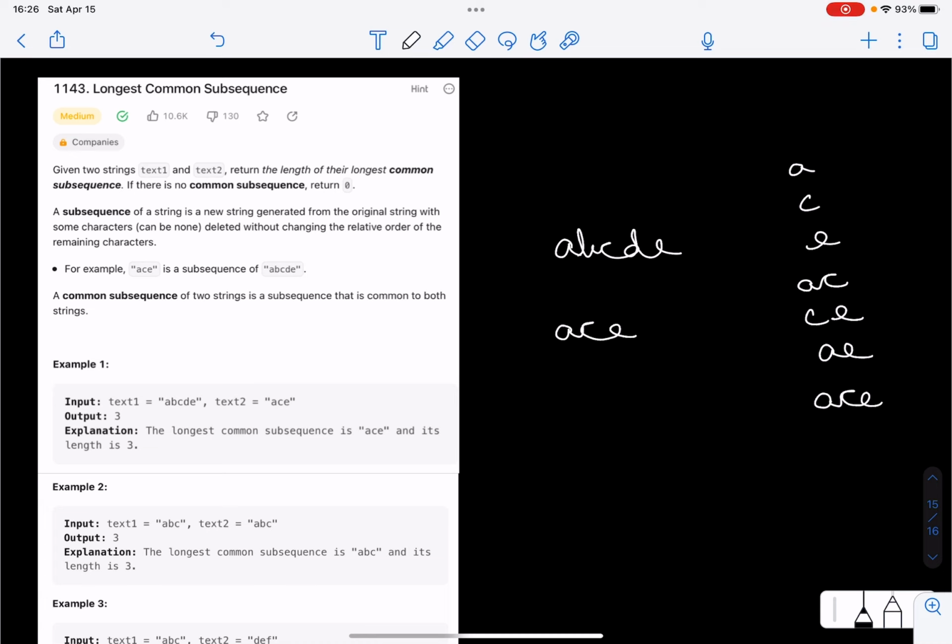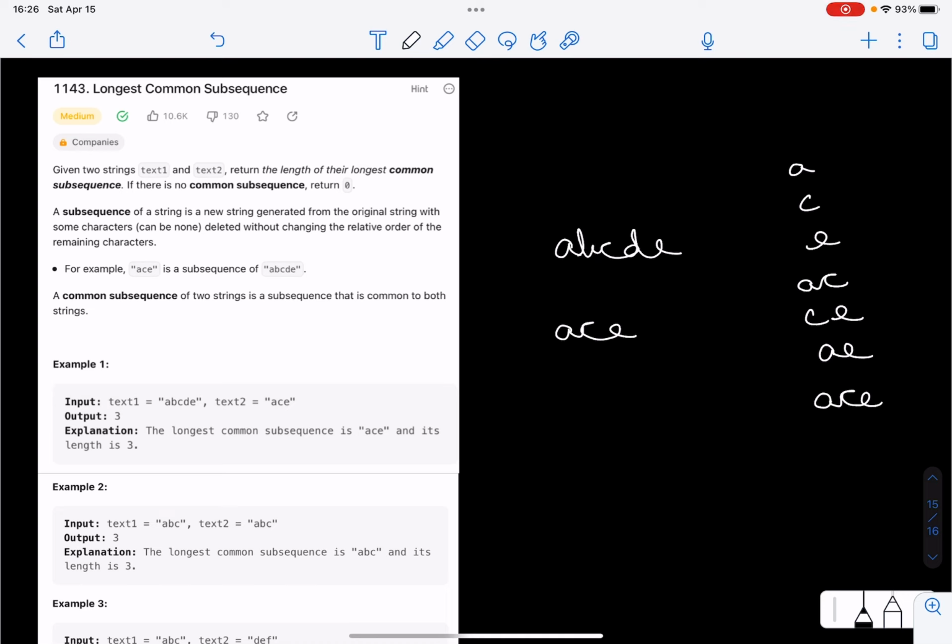We can generate A by removing these characters. We can generate C by removing these characters, and so on. We can generate AC by removing these characters. We can generate AE by removing these characters, and we can generate ACE by removing this character and this character.